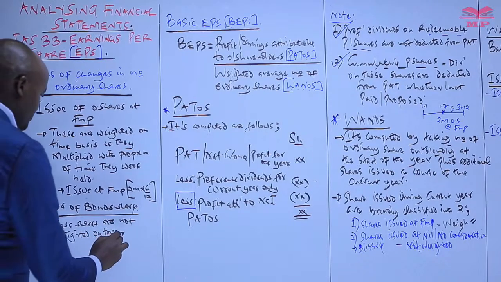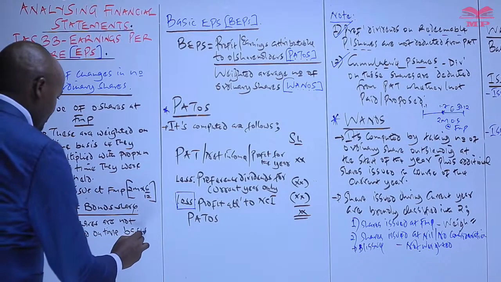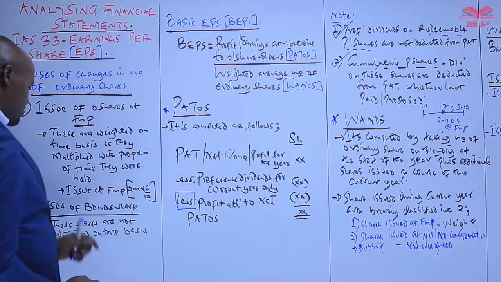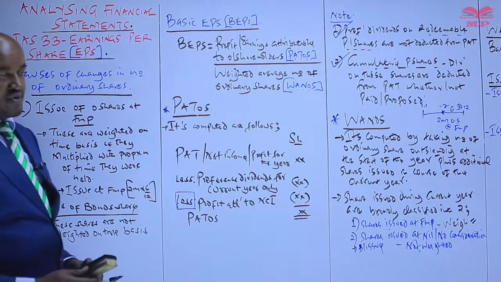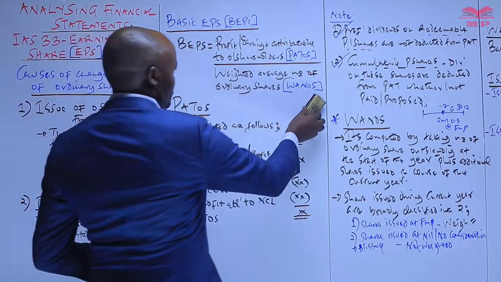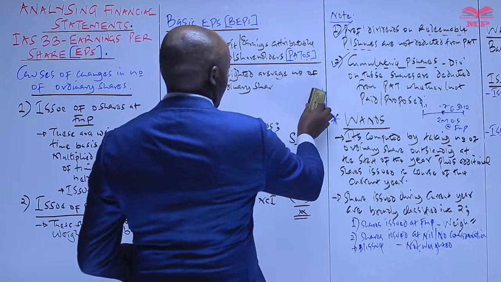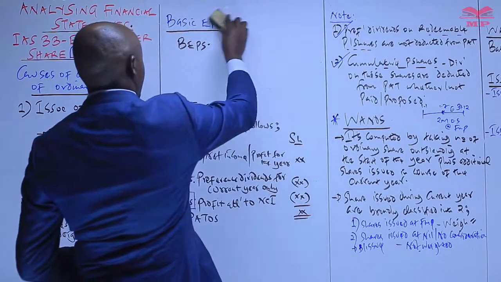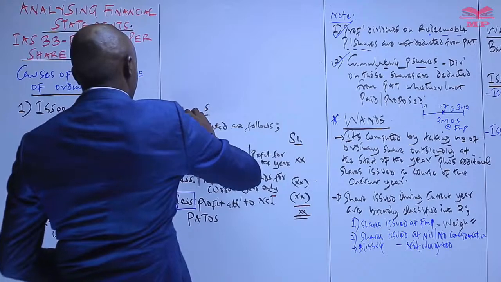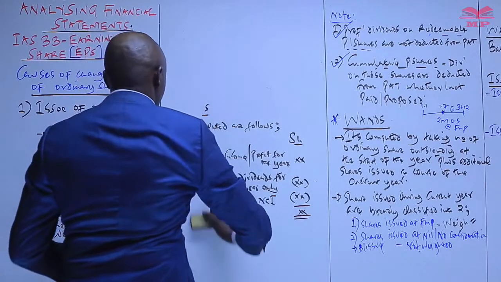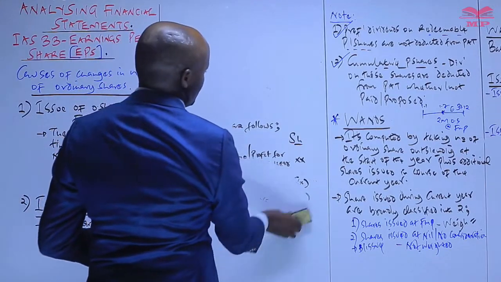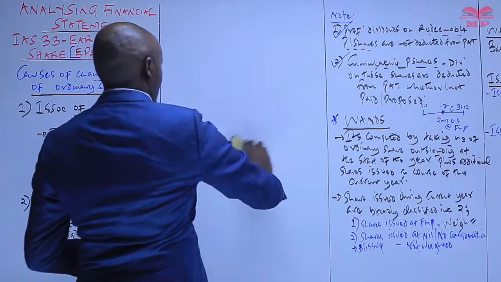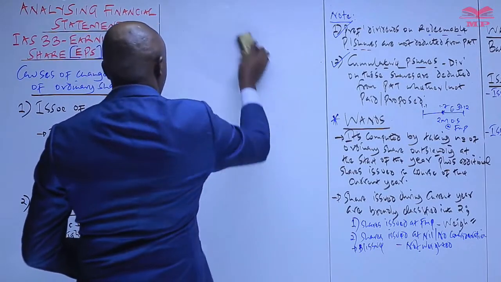The reason is that these particular shares do not generate any additional resources, meaning that the profit generated by the company during that year is generated using the same resources. And therefore, we assume that these particular shares have always been in issue.